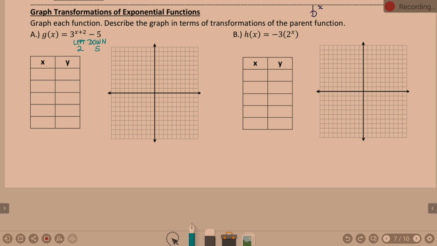That 3 is my base, okay? That is my basic graph we're talking about here. All this stuff that's being done is going to be done to y equals 3 to the x. Up above, we graphed 2 to the x, 1/2 to the x. Now we're going to do 3 to the x.